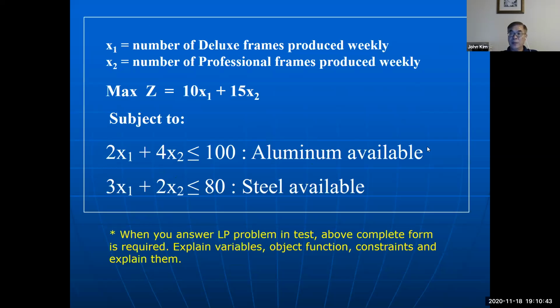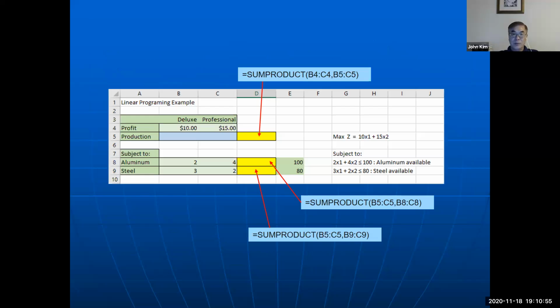So we need this formulation to use whatever method to solve this problem. I'm going to use Excel Solver to solve this problem. And I already made a table like this.